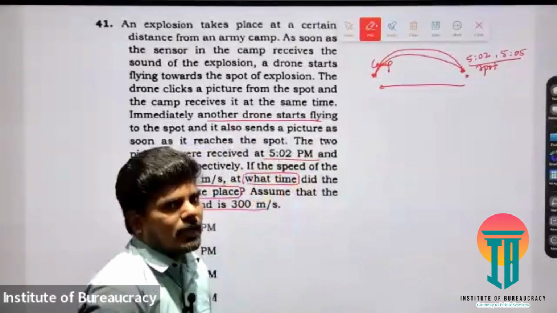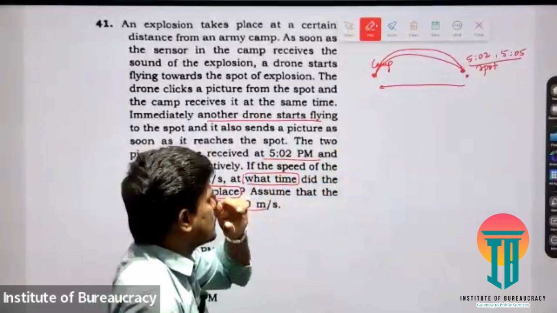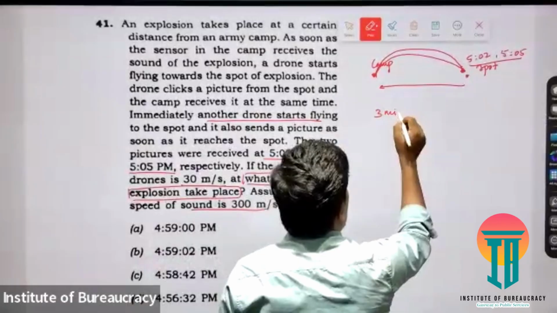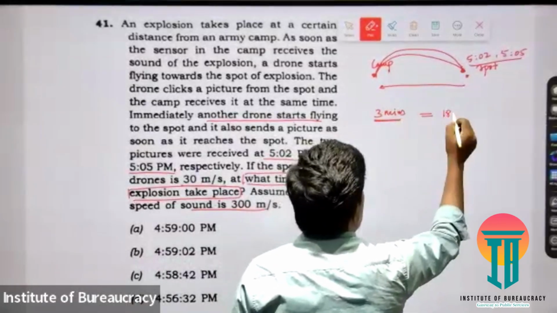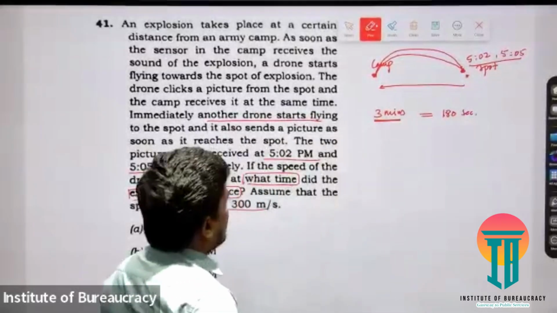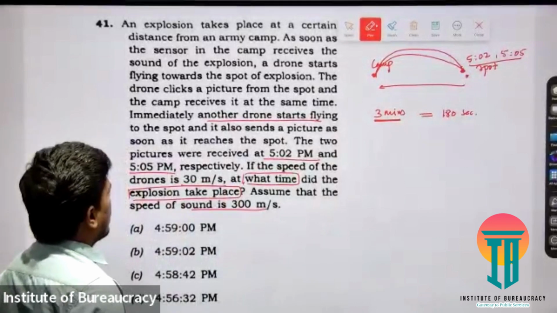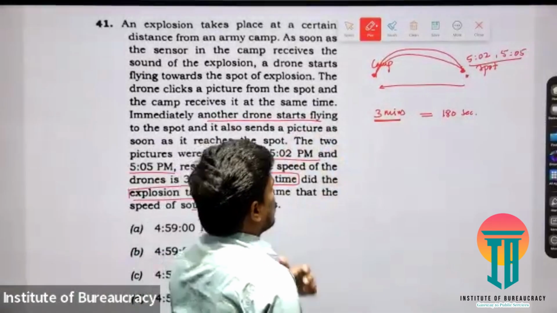So the time taken by the drone to reach that spot is 3 minutes, which means 180 seconds. Now what they are asking is what time the explosion had taken place.